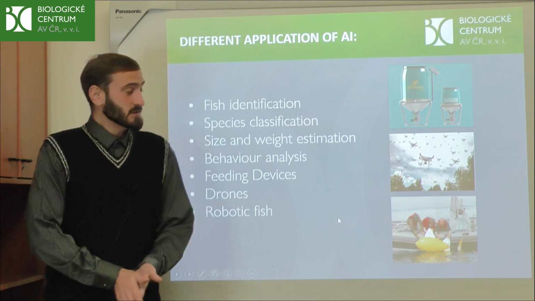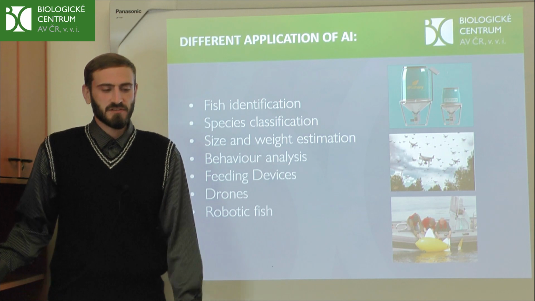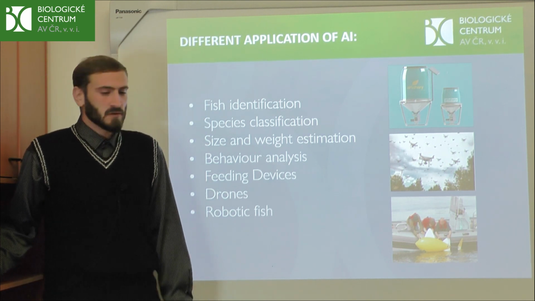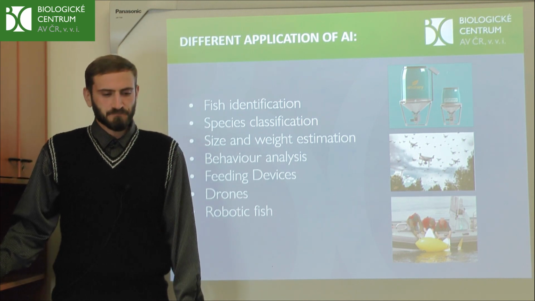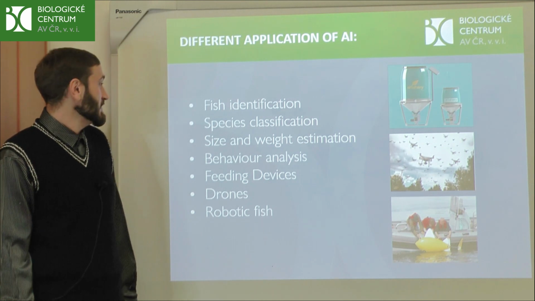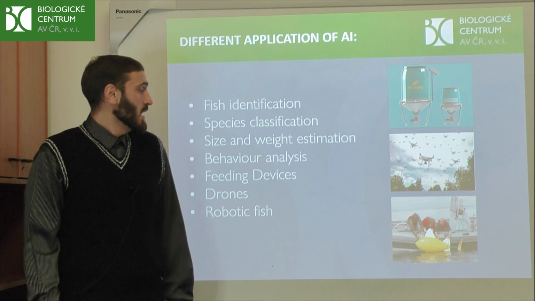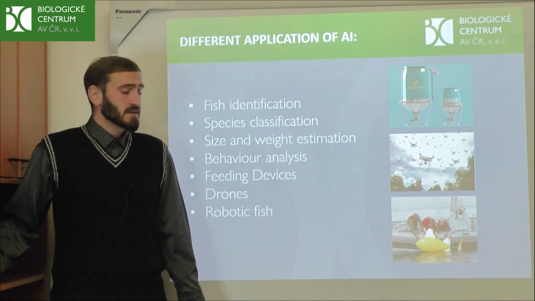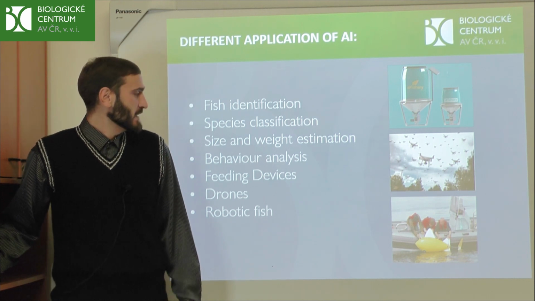So let's look at where we are actually using artificial intelligence in fishery and aquaculture. The most popular fields are fish identification and species classification. We also do some size and weight estimation with artificial intelligence.